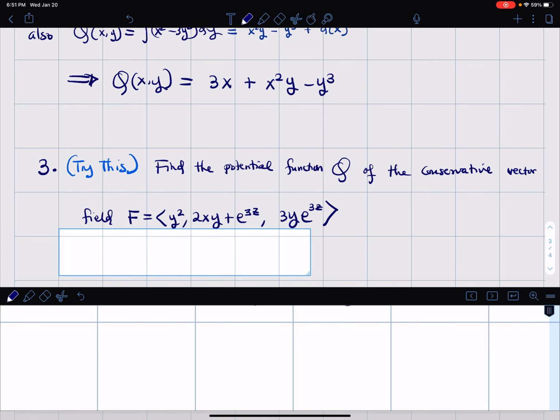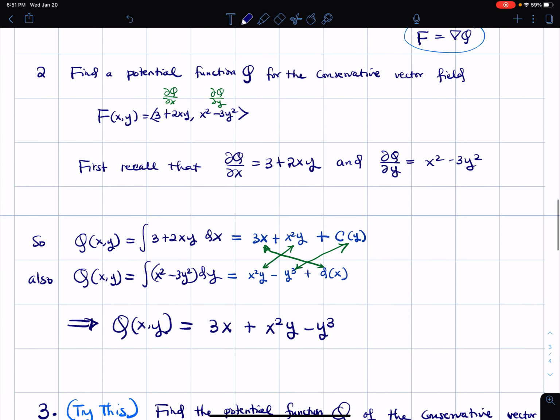So it's something similar to what we've done. All you have to do is take three integrals in this case. And remember, when you take the integral with respect to x, for instance, integral dx, your constant will be a function of y and z. Okay, so it will be c of yz.